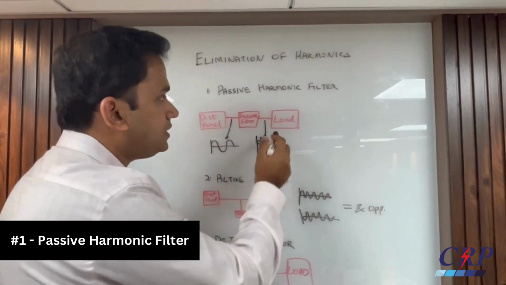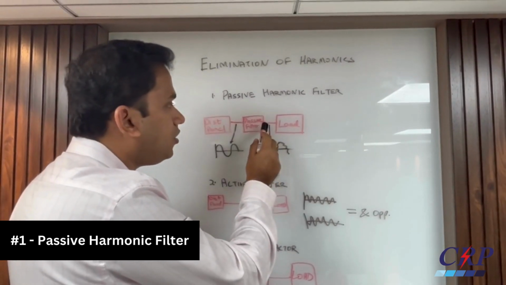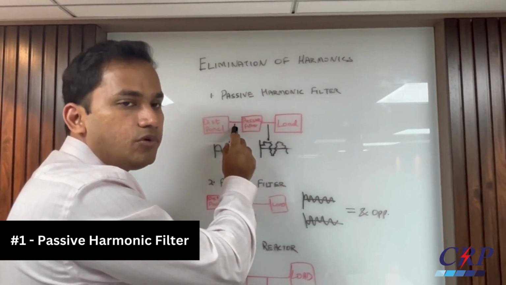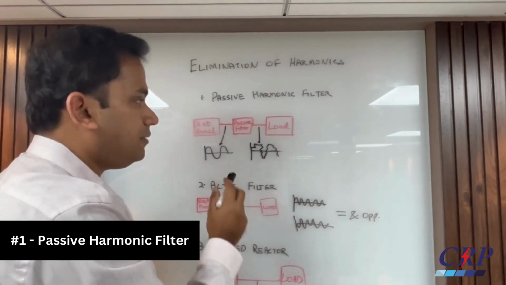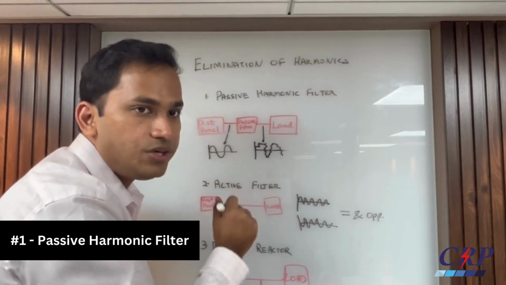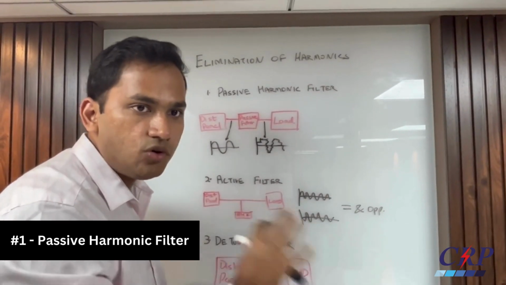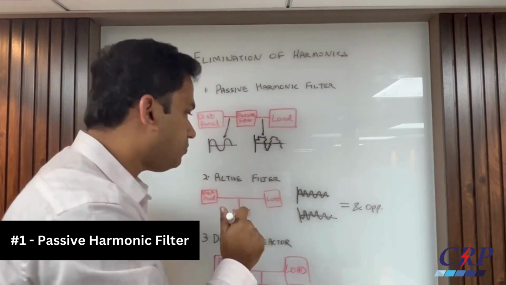It will not let the harmonics generated by the load pass to the distribution system or the other equipment connected to the distribution panel. So in a passive filter, we are just blocking the harmonics. The harmonics is not removed but it is blocked so that it doesn't enter into the other equipment.